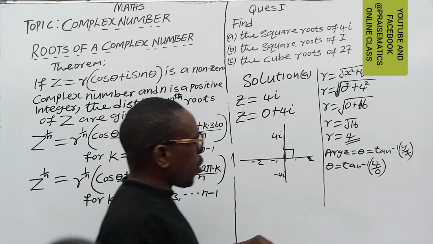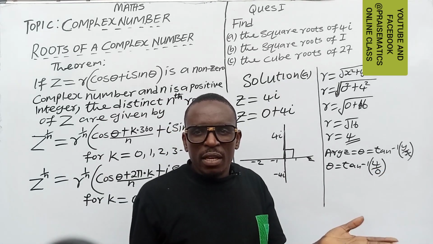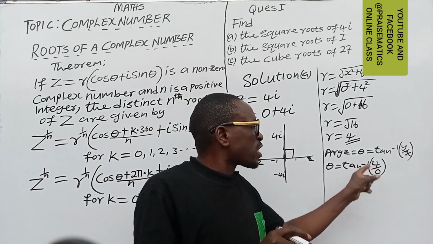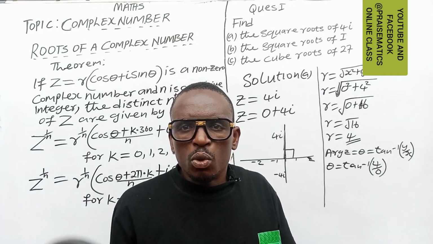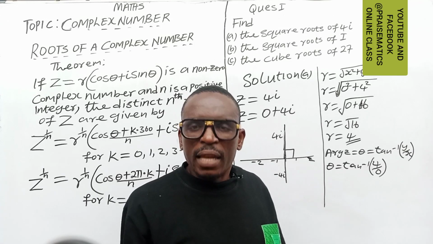But 4 divided by 0 is undefined. If you use those small calculators and press 4 divided by 0, the calculator will switch off. So it does not exist.